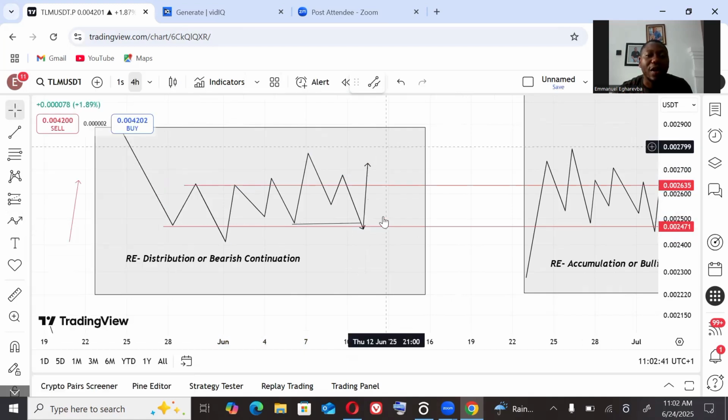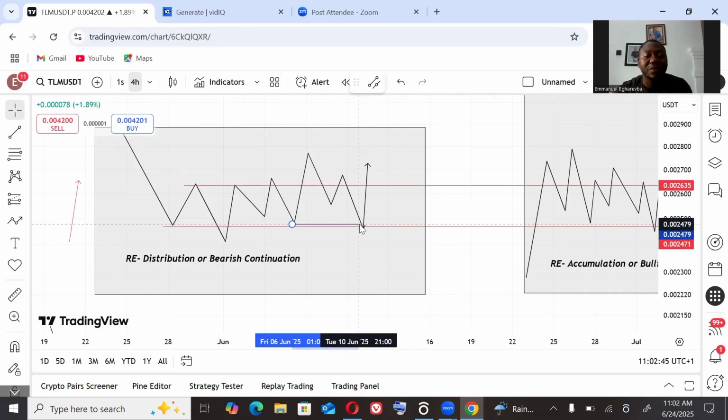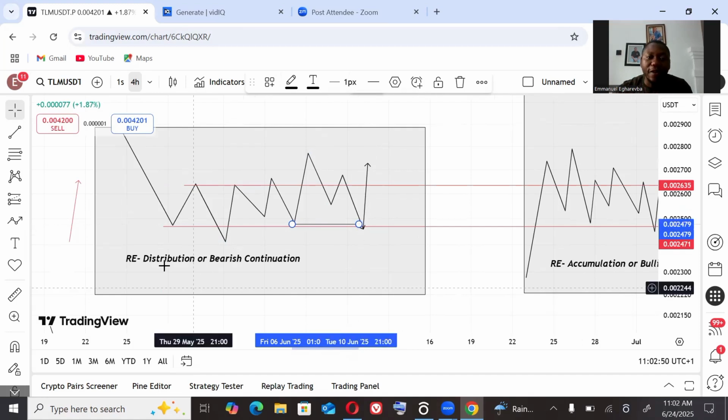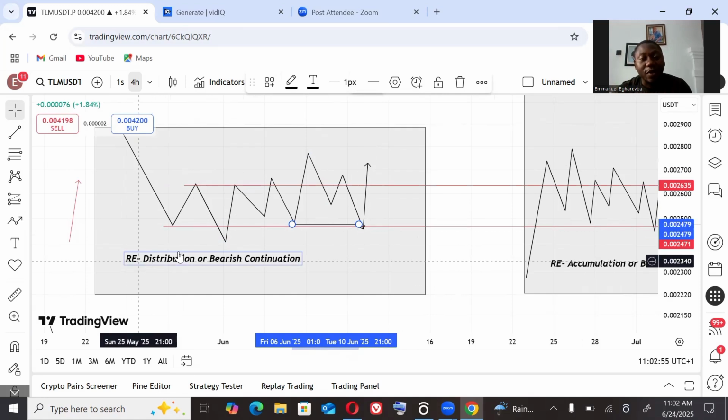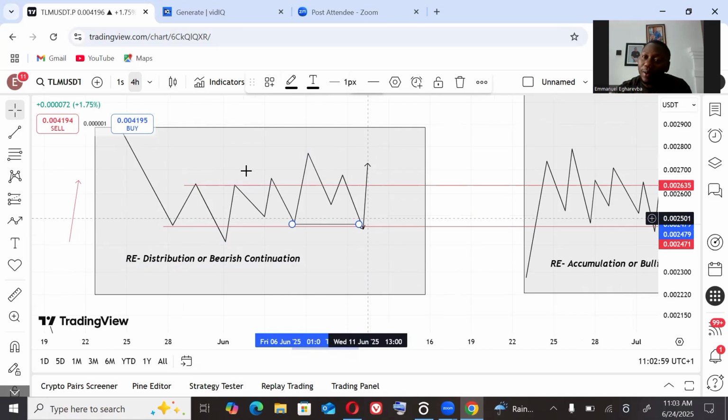Now, this is no longer a distribution. This is now a reaccumulation or an accumulation. A failed redistribution is an accumulation, because if price was supposed to go lower, we would have gone lower. Since we couldn't, it means there was a buyback.